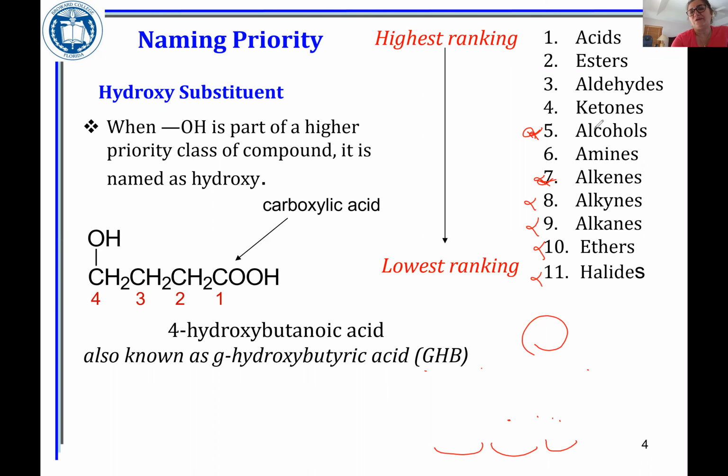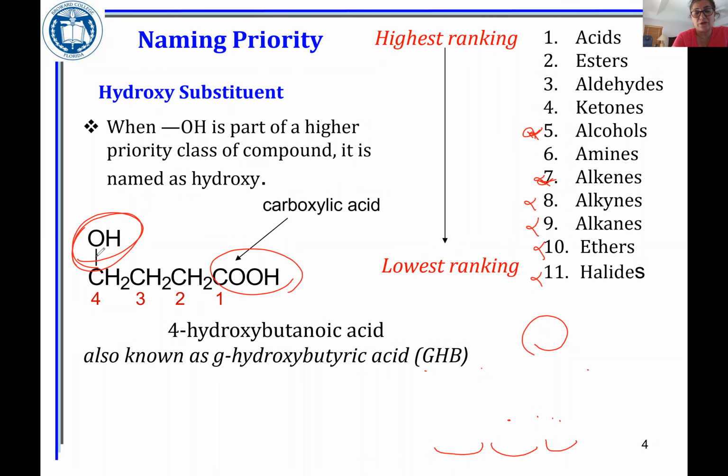And if you have a higher priority functional group along with the alcohol, just like the example shown here, then you would name your compound with the higher priority functional group, which is carboxylic acid. Carboxylic acid is always number 1. So you would name it, and then OH becomes a branch.